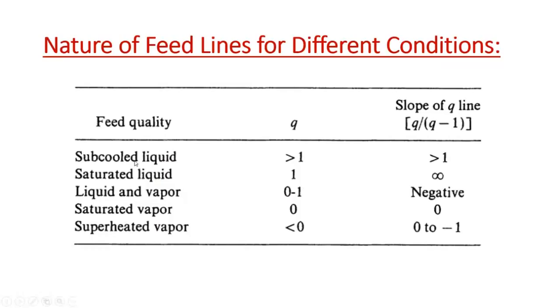For a subcooled liquid, meaning liquid below its boiling point, the Q value will definitely be greater than 1, because we need to supply heat to convert 1 mole of feed into saturated vapor. The first portion is sensible heat, then it comes to the boiling point, then we have to supply latent heat of evaporation to convert it into saturated vapor.